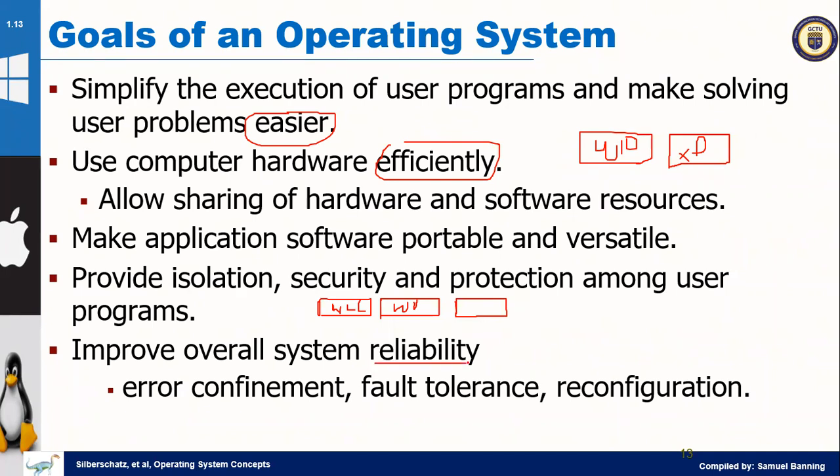Your system or your computer is reliable because of the operating system. How does the operating system do this? It starts with error confinement. Now, if you have used an Android phone or even the iPhone, iOS, you notice that from time to time, if you are running WhatsApp, your WhatsApp will abruptly go off.